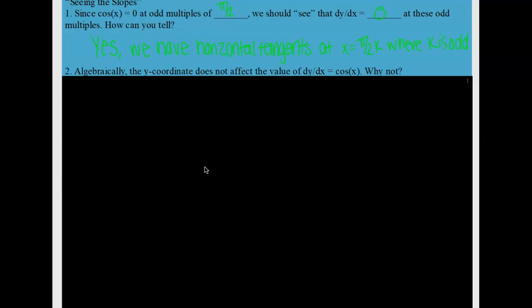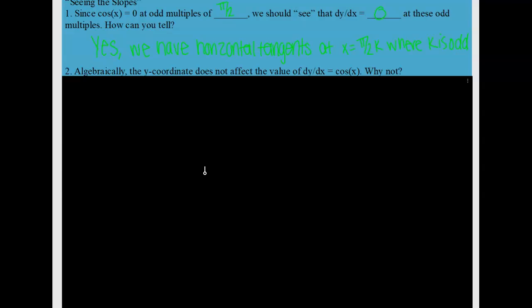Algebraically, the y coordinate does not affect the value of dy dx in this case. Why does the y coordinate not affect the slope in this problem? Because it's a sine graph. Think about the derivative of y, dy dx, which is always going to be 1, so it's unaffecting.